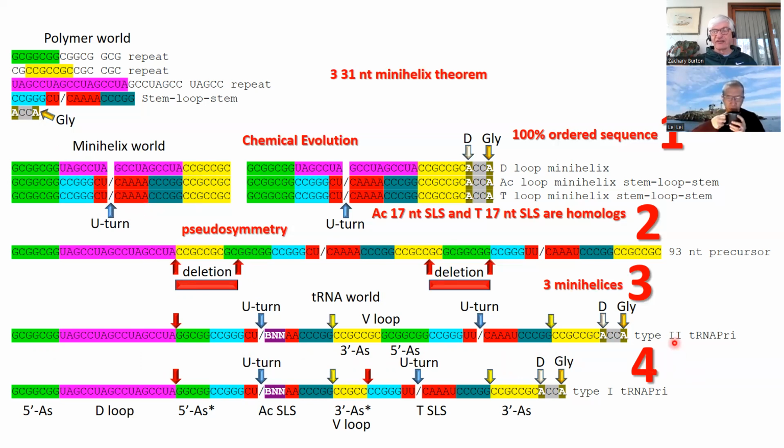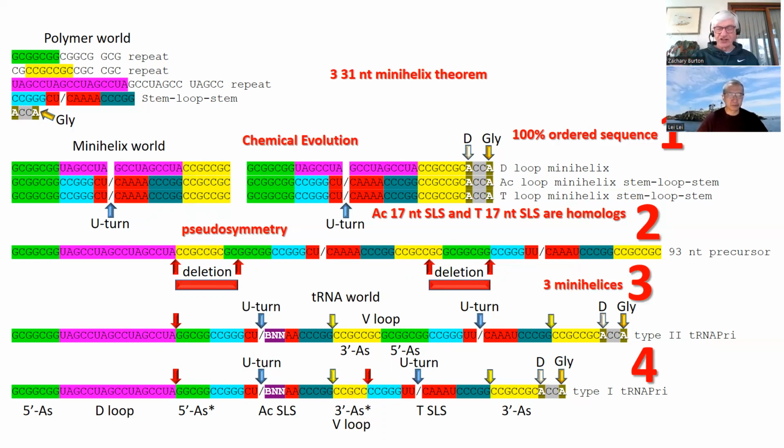And then the fourth point is I've completely described type 2 and type 1 primordial tRNA sequences in this slide. If you want to go forward to this molecule, you make this internal deletion here, the same deletion there, and on this side, you make no deletion to make type 2 tRNA, and you make this deletion, which is related to that deletion, to make type 1 tRNA.